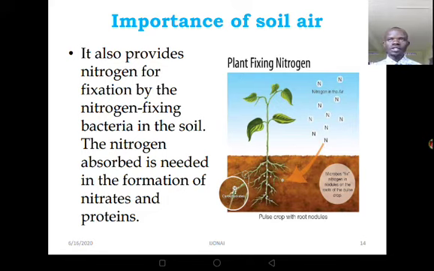This nitrogen is first converted, as we are going to see. So the nitrogen is absorbed and is needed in the formation of nitrates and proteins. When you look at plants, there are some plants which provide proteins in our diet, for example, the beans. So we shall see how the nitrogen is going to come into this.